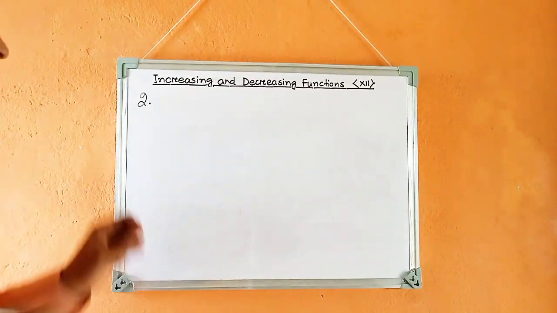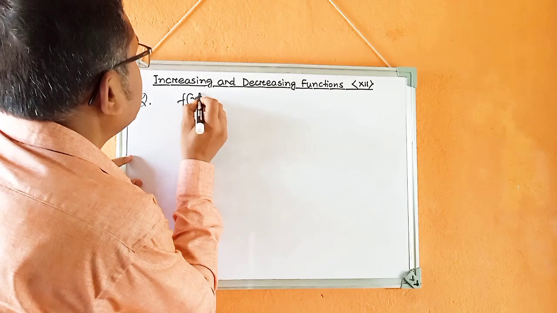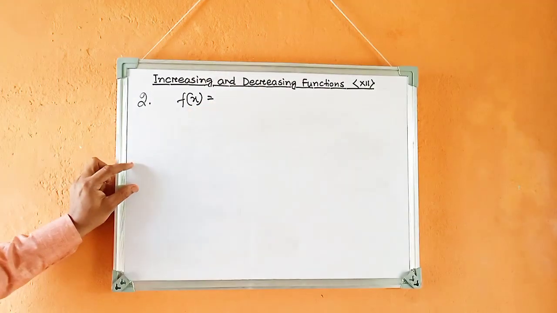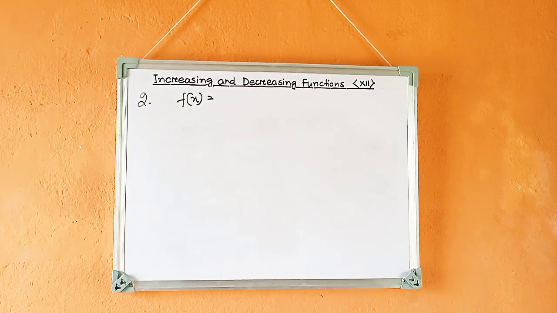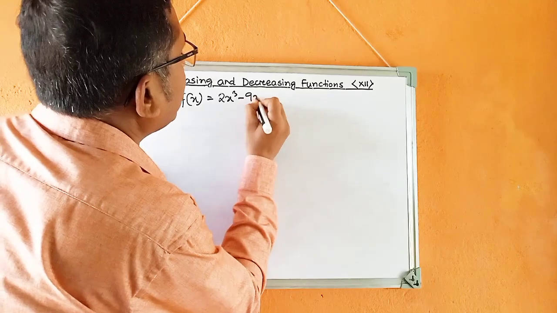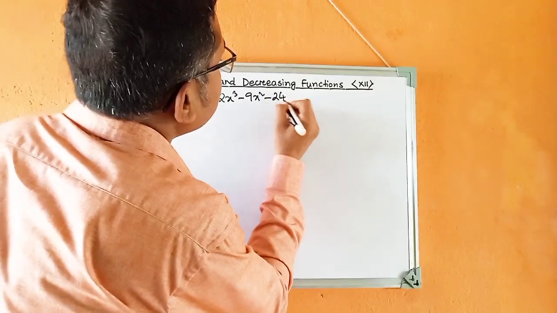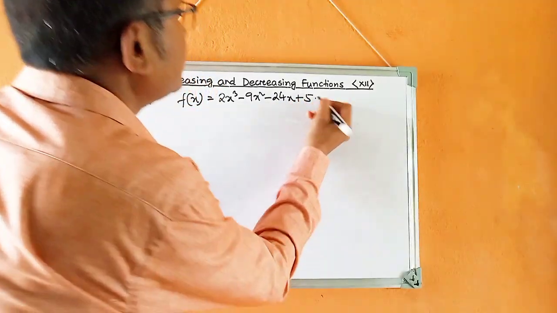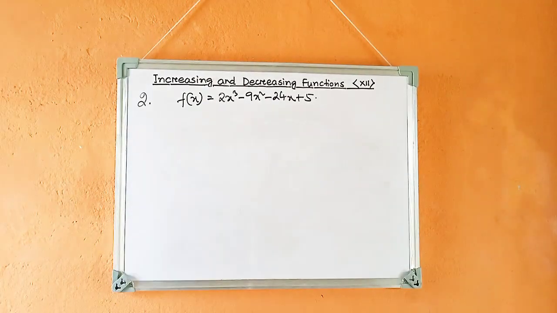There is a function given, f(x) equal to 2x cube minus 9x square minus 24x plus 5. This is the function that is given.